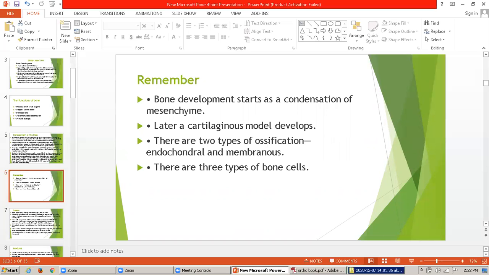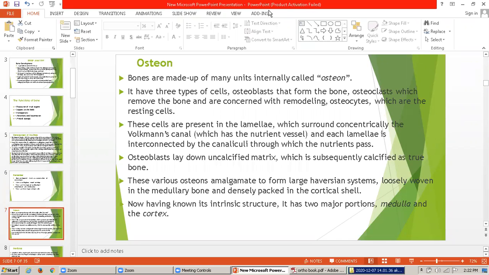There are two types of ossification, endochondral and membranous, and there are three types of bone cells. So in this brief history of the development of the bone, the most important clinical points are these. Which are these three types of bone cells?